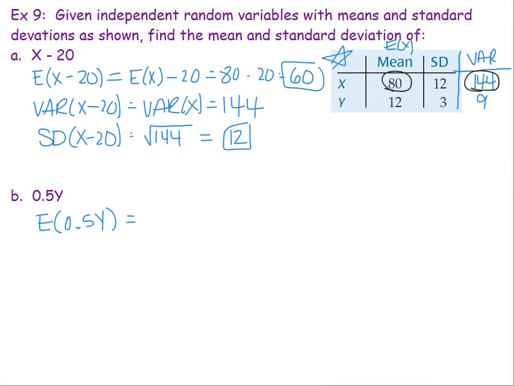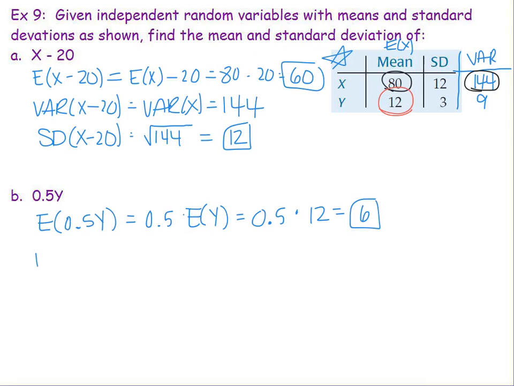So if we rewrite it, we're just going to keep the a value times the expected value of y. So we're going to keep the 0.5 and we're simply going to multiply it times the expected value of y, which is 12, and 0.5 times 12 is 6.